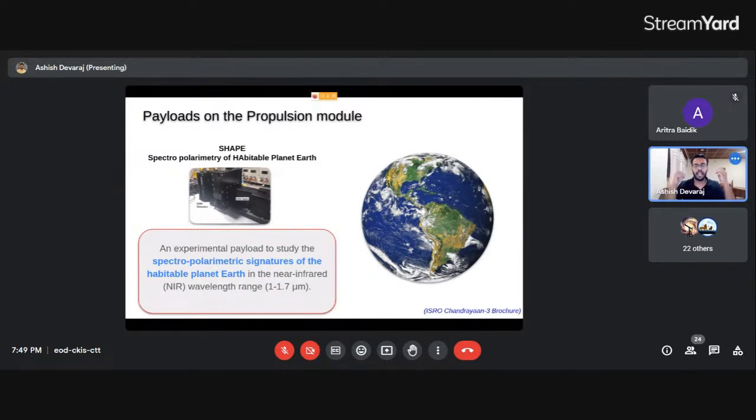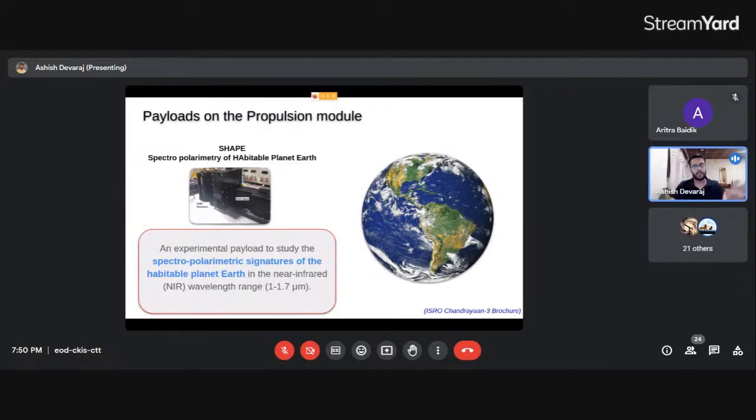So life can produce such signatures. That's what we understand now, and how much we can detect them is a question. We'll see how the data from the SHAPE payload comes out. I can only leave it open because we don't know much about it. I hope that answers the question. Yes, sir. Thank you, sir.